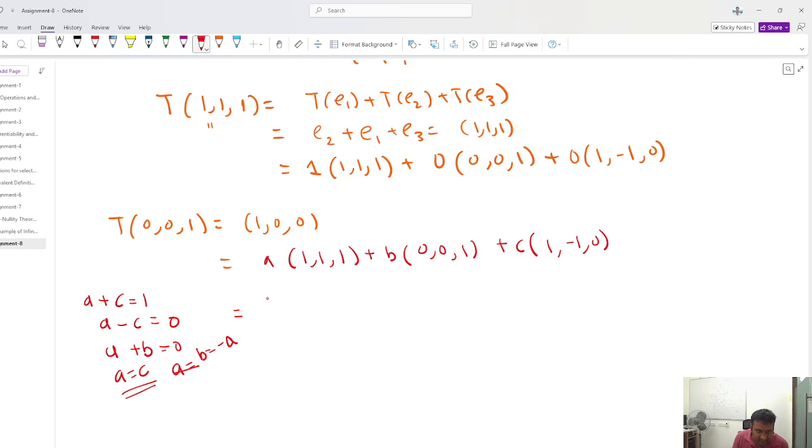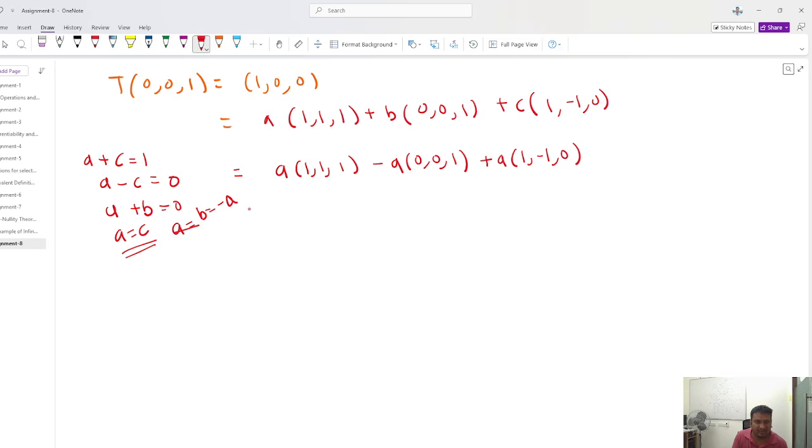So this becomes something like this, right? A into 1, 1, 1 minus A into 0, 0, 1, and then you have C is also A. Yeah, so I think just take A equal to 1 in particular.